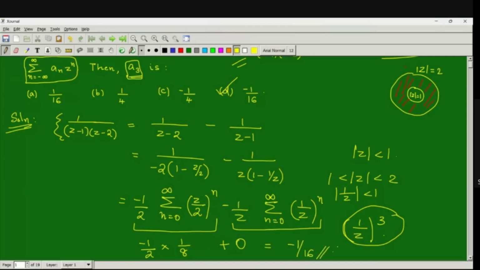Okay. Has everyone understood? This is such an easy problem. But remember, calculations can make you make mistakes. So always be careful with your calculations while you are doing your NET exam.